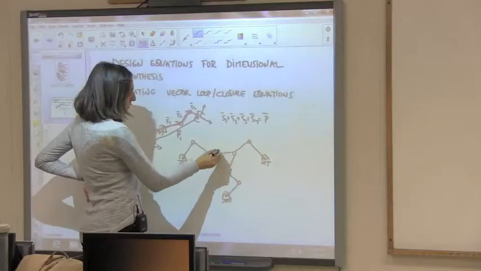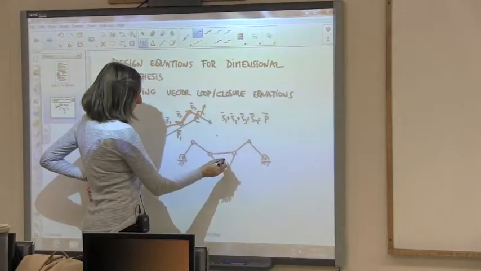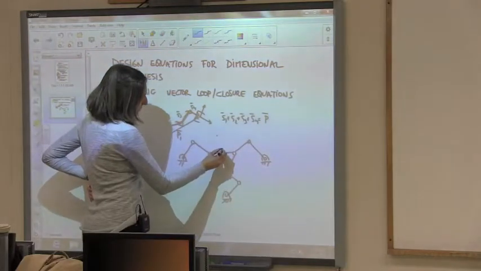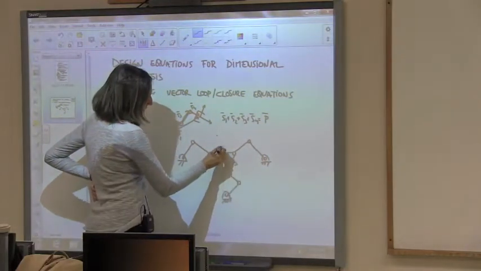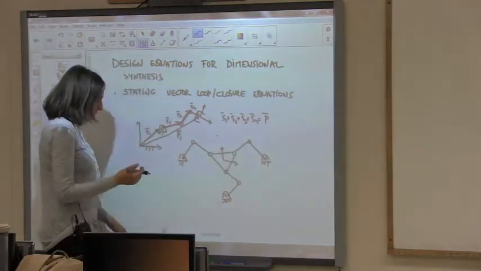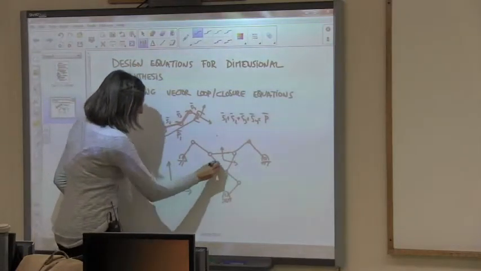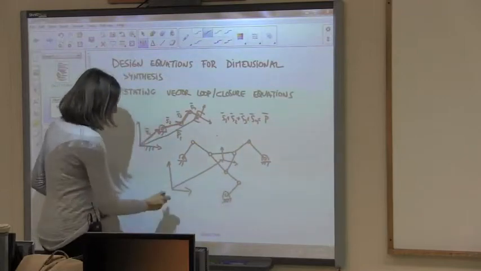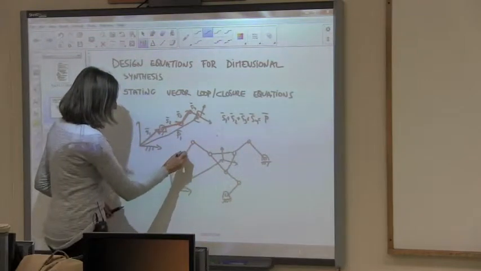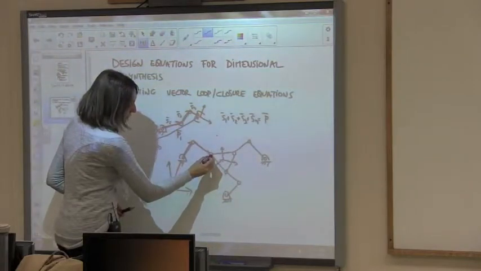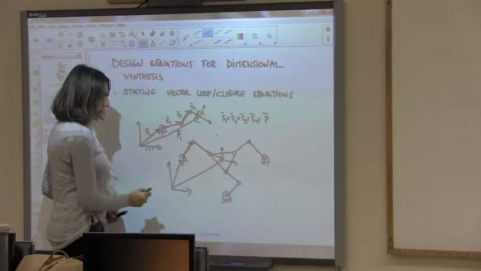So for instance, you want to reach this position over here. Let me just write it. Imagine that you can move this, but let me just write the position you want to reach is right here in the center, so it's at the configuration you want to reach. So you could also write this vector equation, right? Here, plus this, plus this, plus this fixed distance, equal to that, right?